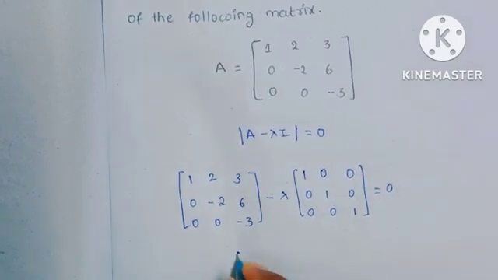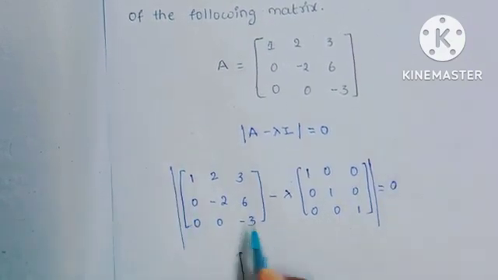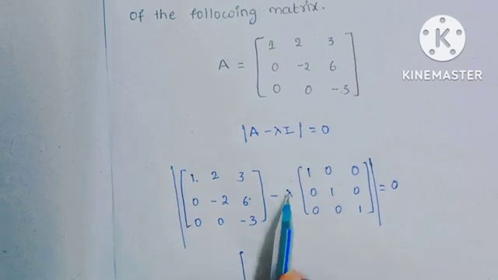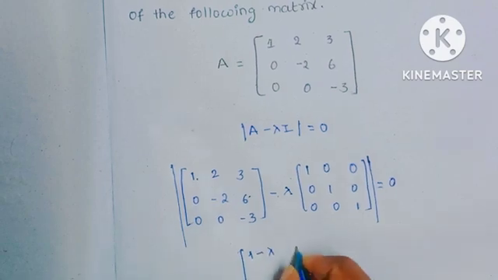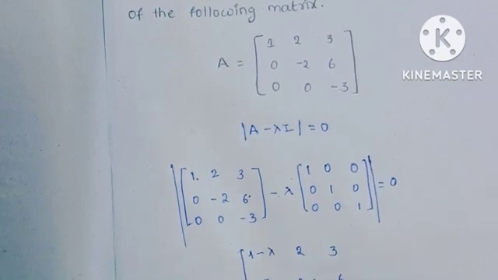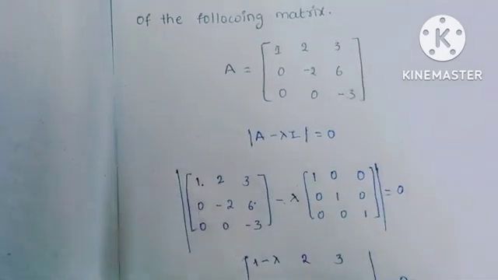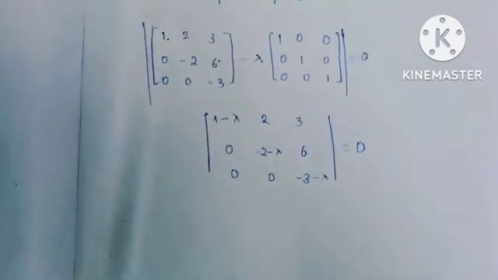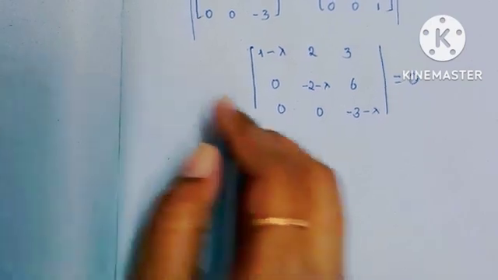So the modulus of A minus lambda I is [1 minus lambda, 2, 3; 0, -2 minus lambda, 6; 0, 0, -3 minus lambda], which is equal to 0.